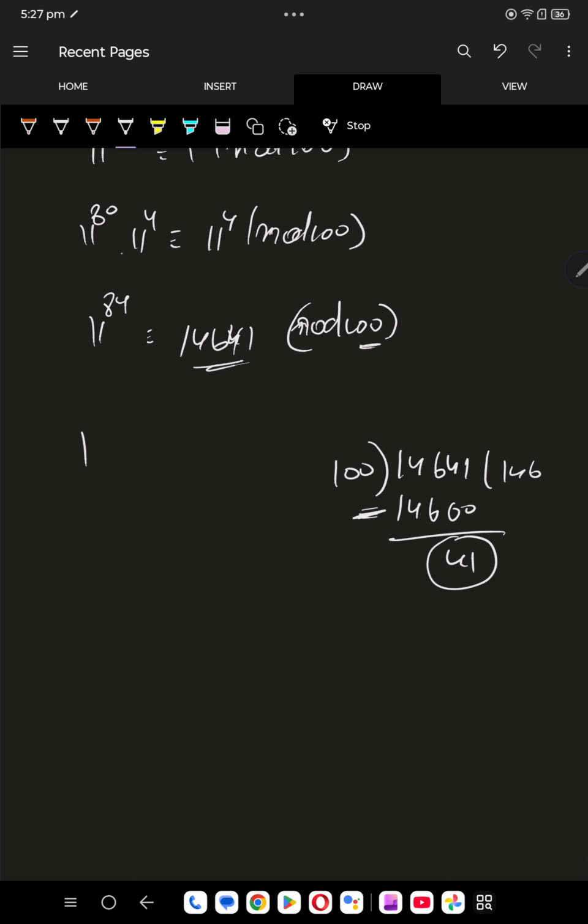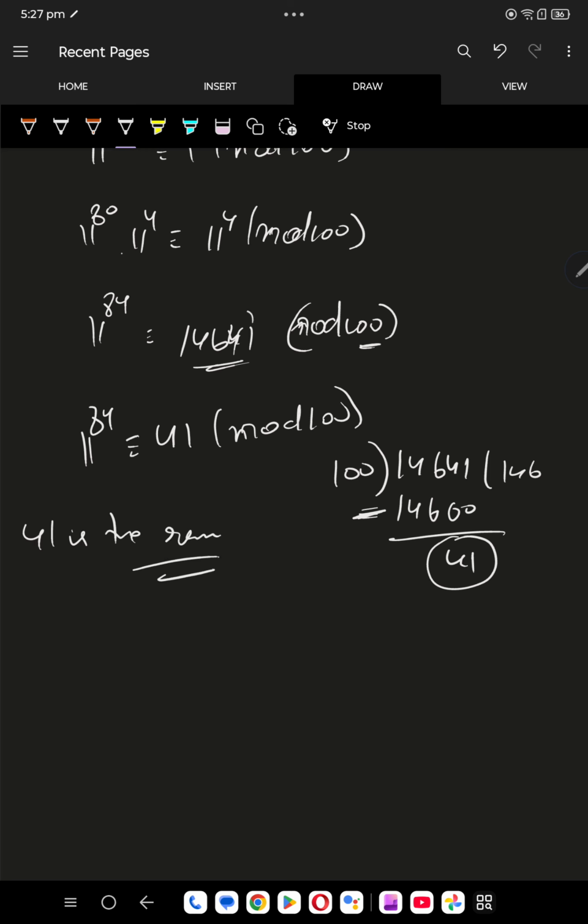That is what we're going to write here. So 41 is the remainder. Either you write the last digits directly from here, or you do what I did right now. Either way you will get the same answer. 41 is the remainder.